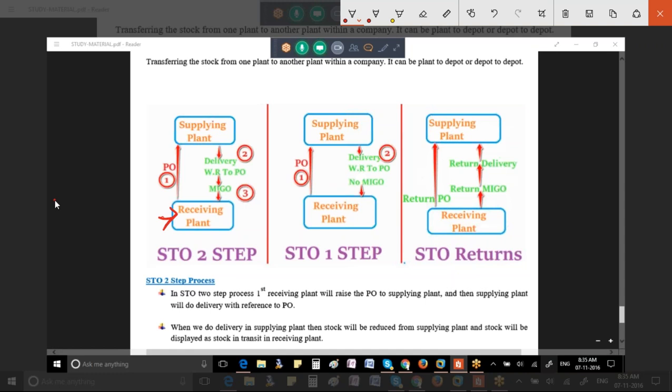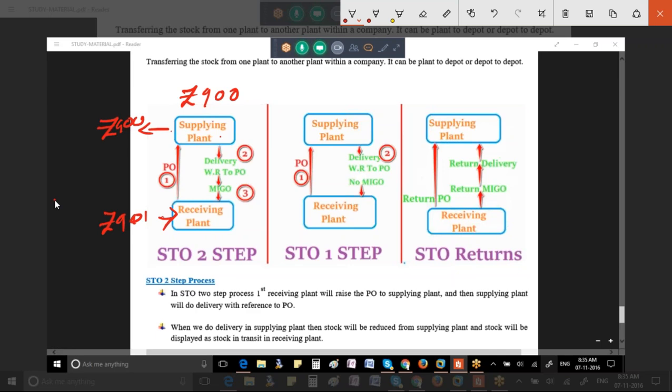Okay, both the plants belong to the same company. See, in STO we have two kinds: intercompany STO and intra-company STO. Intra-company STO means both the plants belong to the same company code. Intercompany STO means the supplying plant and receiving plant belong to two different company codes.